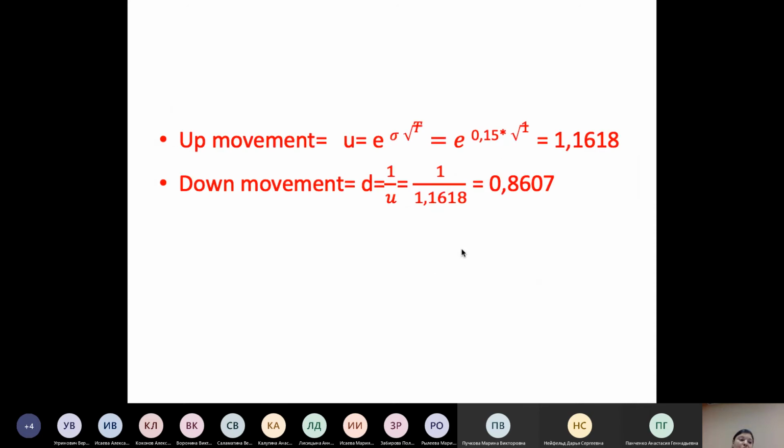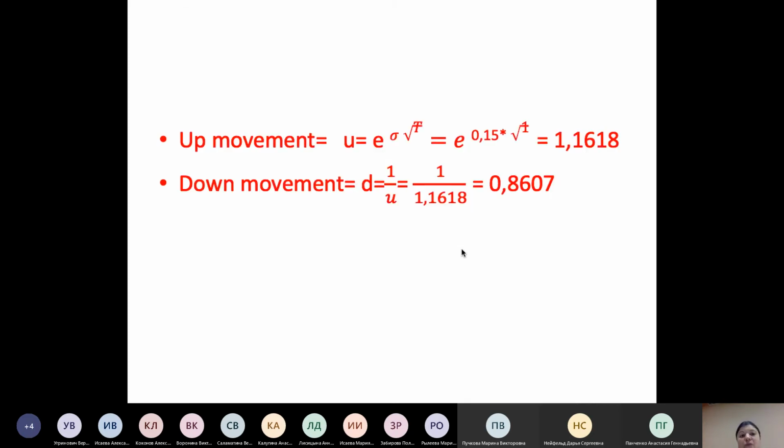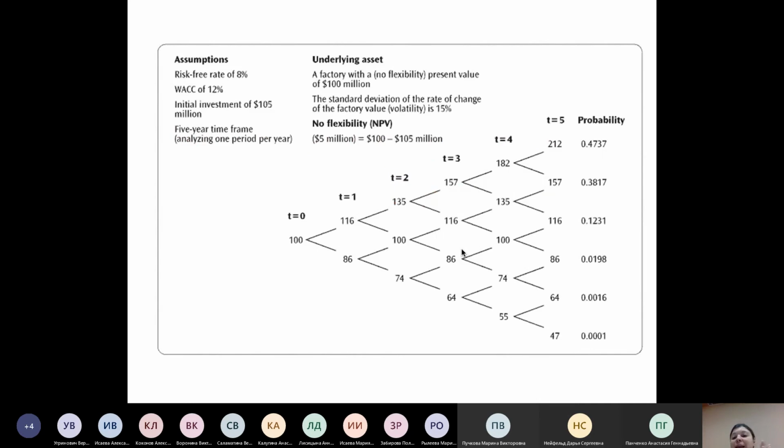Let's demonstrate the models of checking our scenarios, of checking the branches of our tree. There are 2 methods. The first method uses our risk rate, and the second method uses our risk-free rate. If we use our risk rate, first of all, we have to calculate the probability of the good scenario or of the bad, negative scenario.